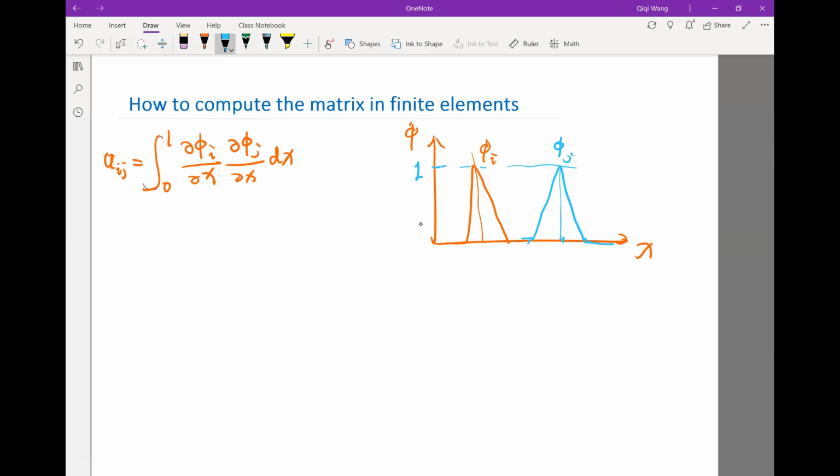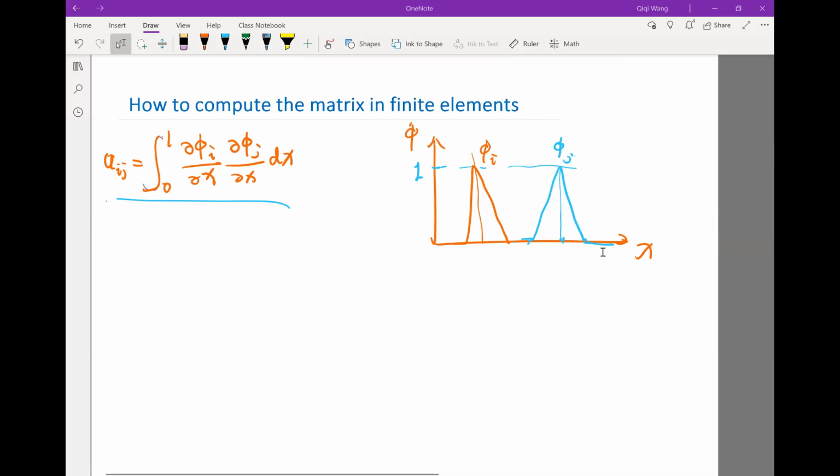If I'm looking at these two particular phi i and phi j, what do you think is Aij? What is Aij in this particular case? Just look at the integral. Okay, anybody answer me? Yeah, 0, right?